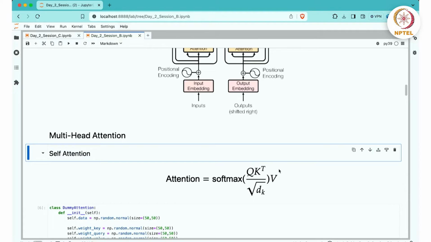When I say NPTEL in a sentence, like I am watching this lecture at NPTEL, what's the dependency of NPTEL on every other word, it would learn. This dependency can be anything. We are not talking about a specific dependency like co-reference resolution or what is the POS tag of it.